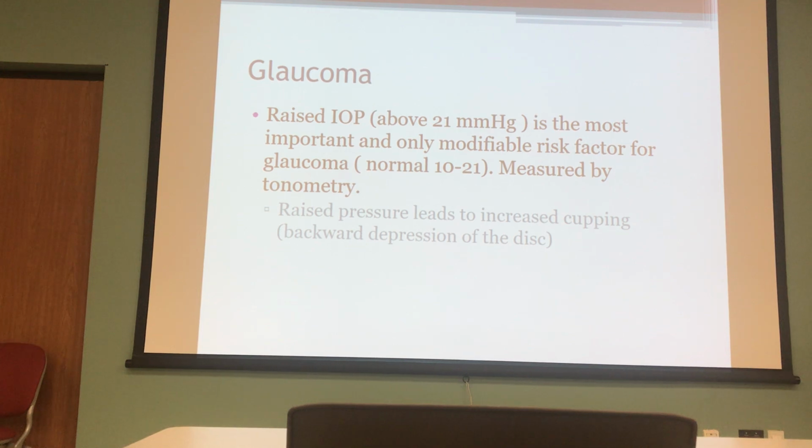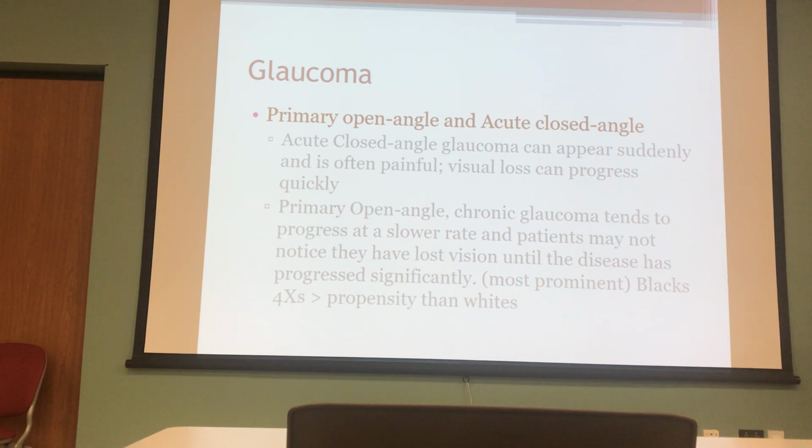Cupping, remember intraocular pressure that is increased can result in cupping. Okay? We talked about, what do you call it? Blurring of the margins with increased intracranial pressure. Intraocular pressure, you're thinking about cupping, okay? That you see with glaucoma.